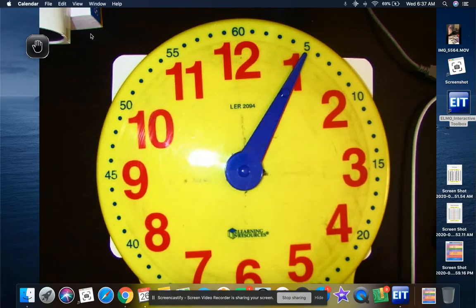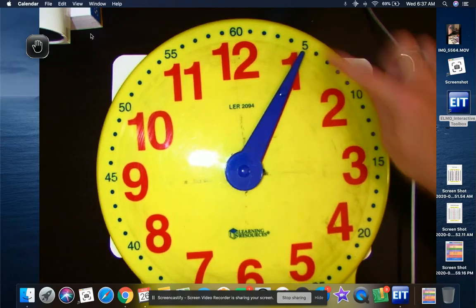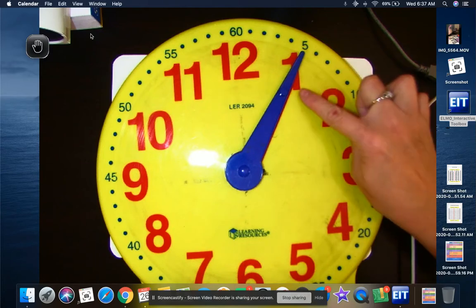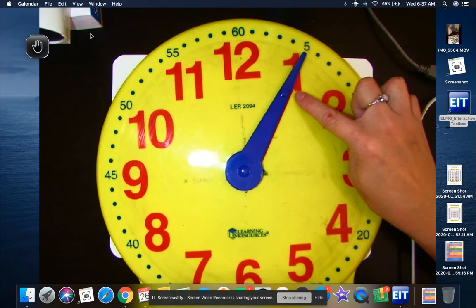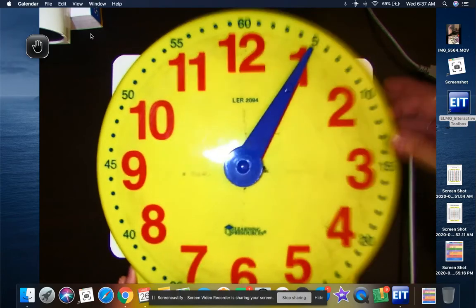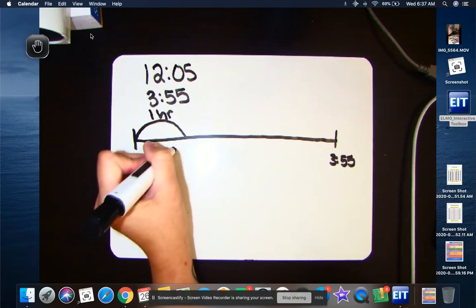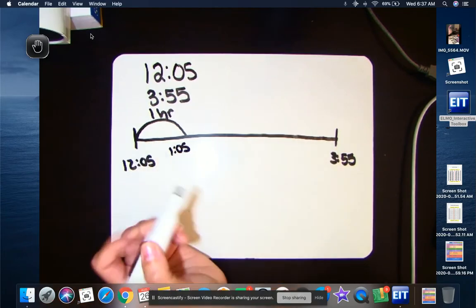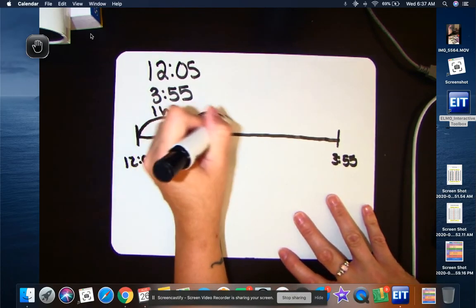My minute hand is all the way back to the 1, or the 5 minutes, and my hour hand has moved 1 whole hour. So it is now 1:05. On my first jump, I'm going to write 1:05.